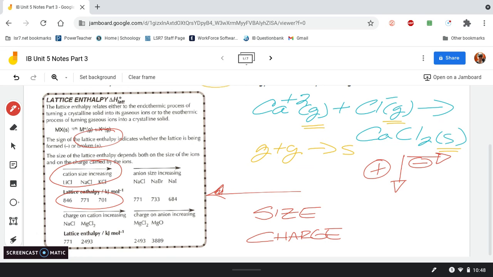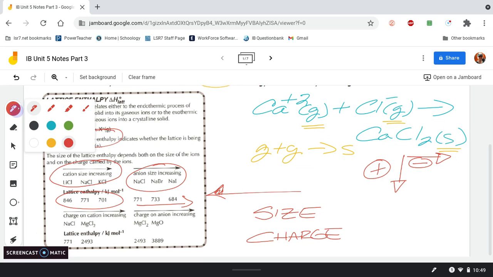And if you look at the negative, the anions, same trick. As they get bigger, the energy goes down. So we should probably write a definition to remember.